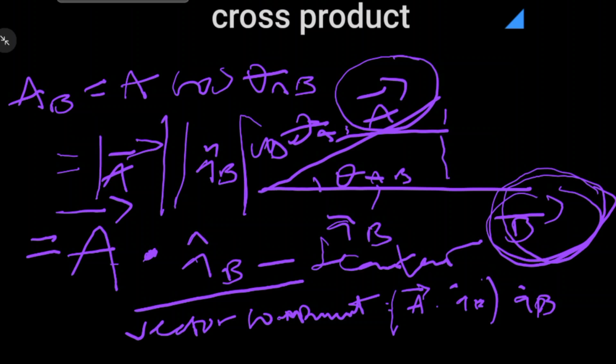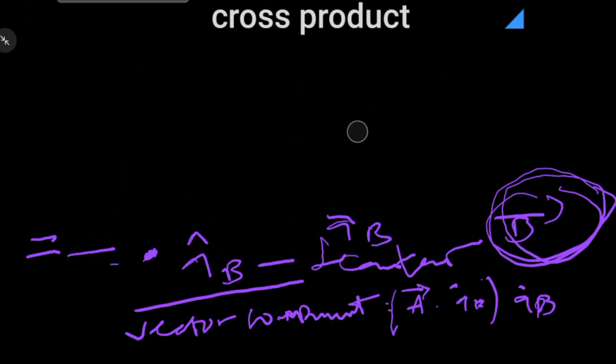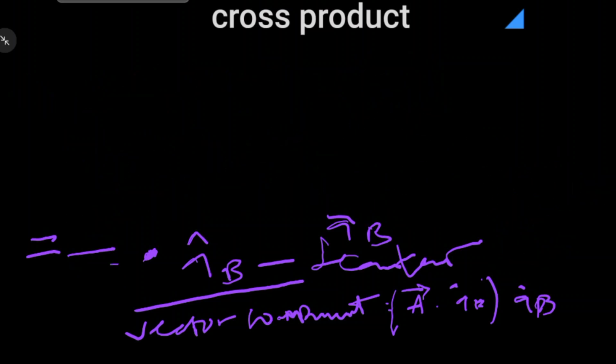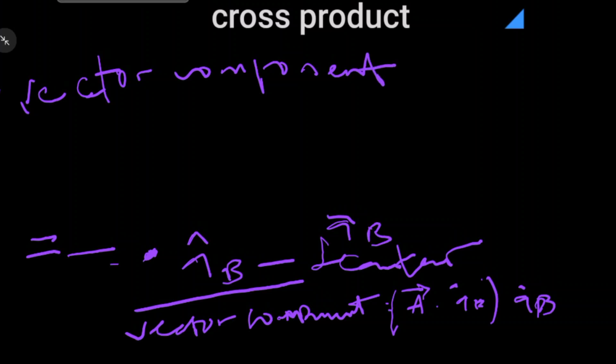Okay, that's not clear. Let me just write it up here. The vector component is equal to the scalar component, right?